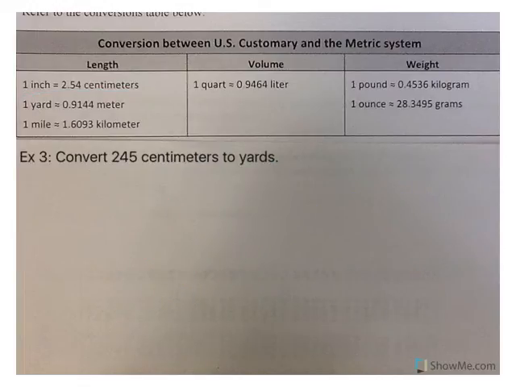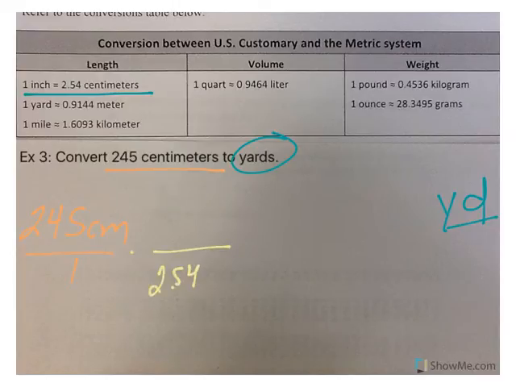In the third example, we are starting with 245 centimeters over 1. We want our final answer to be in yards. If you look up here, centimeters go to inches. That's not yards. So do you just say, I'm done, throw your computer through the window and call it a day? No. You say, I know that 2.54 centimeters is 1 inch, and that makes my centimeters go away.